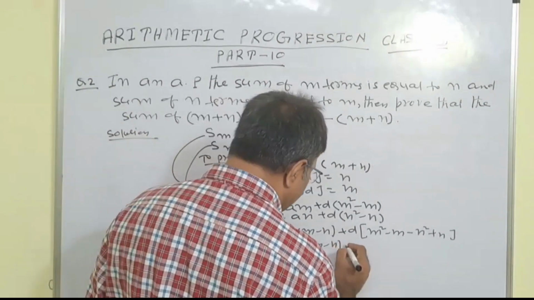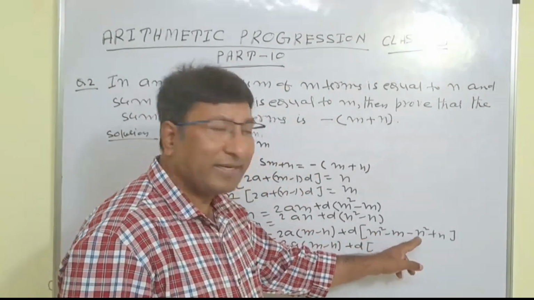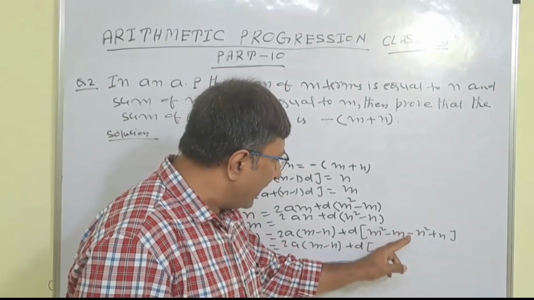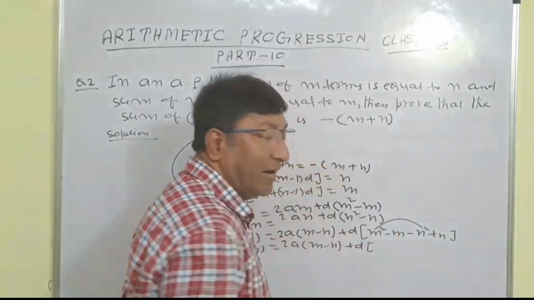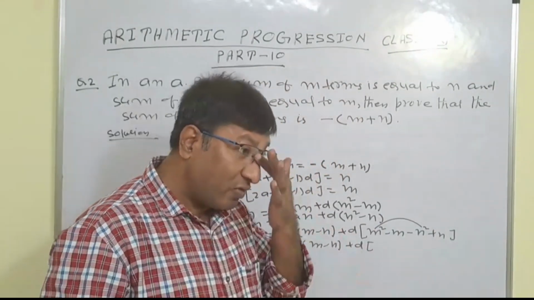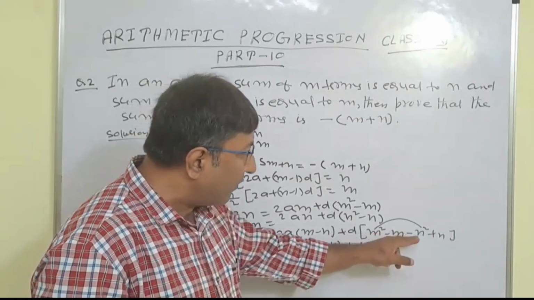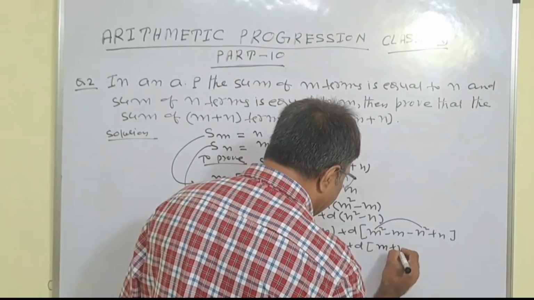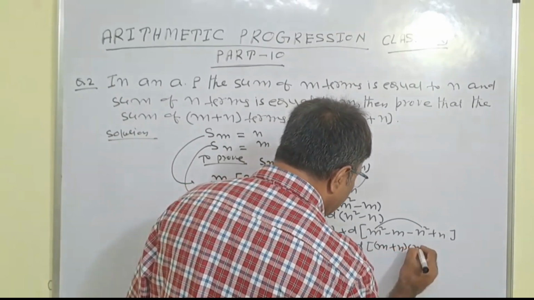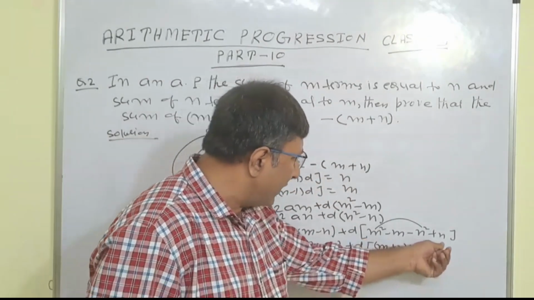And now you see here this is m square minus n square. So when we go for these two parts, m square minus n square, like a square minus b square is (a plus b)(a minus b), we can write m square minus n square as (m plus n) into (m minus n). Now here minus m plus n, okay?